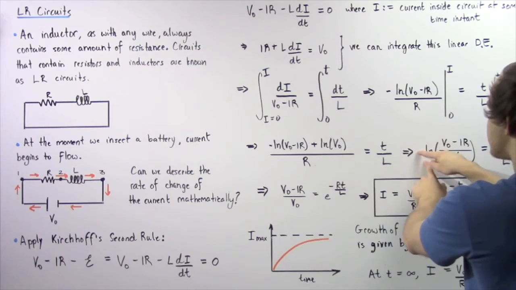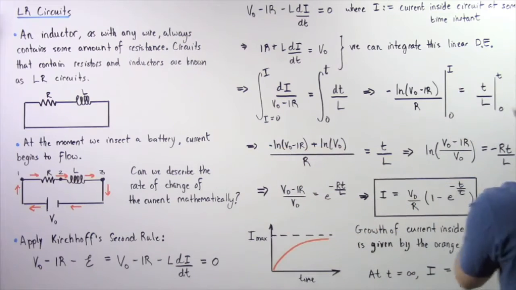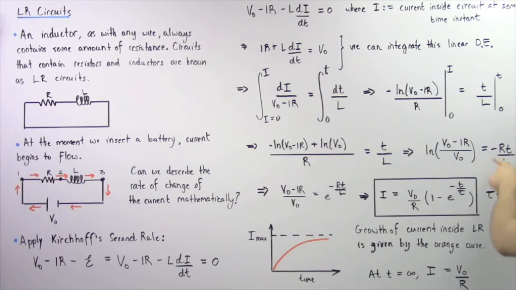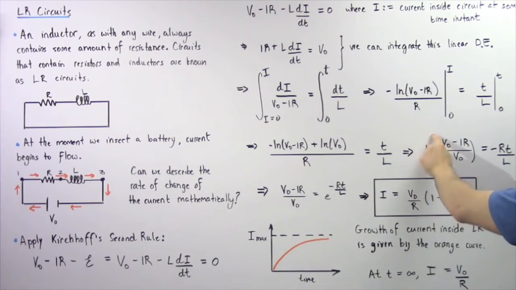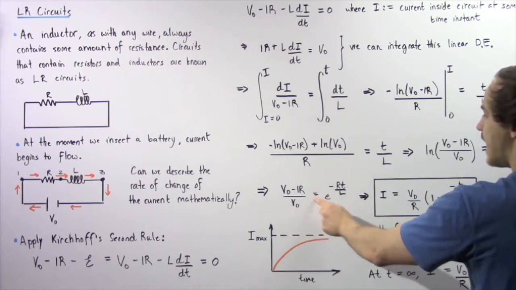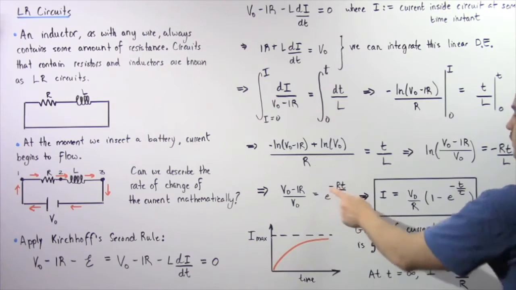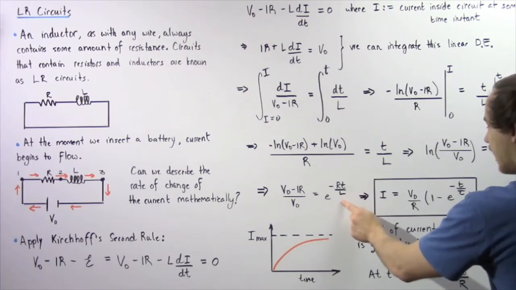There's a negative sign here and we have the R on the bottom, so we can bring that to the right side and the right side becomes negative R times t divided by L. Finally, we take the exponential of both sides. The natural log simply disappears and we get this fraction inside, which is equal to e raised to the power of negative Rt divided by L.